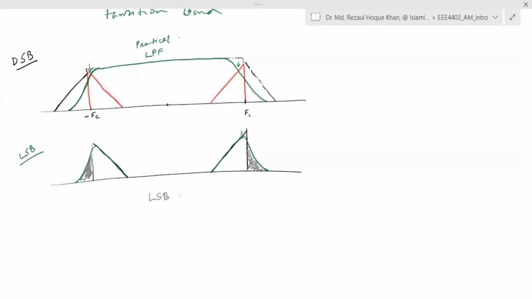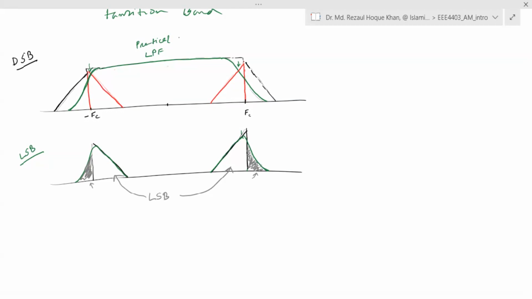This part is actually LSB, which contains a little bit of frequency content from the higher part, which is this part, because the response is not a sharp cutoff compared to the ideal.